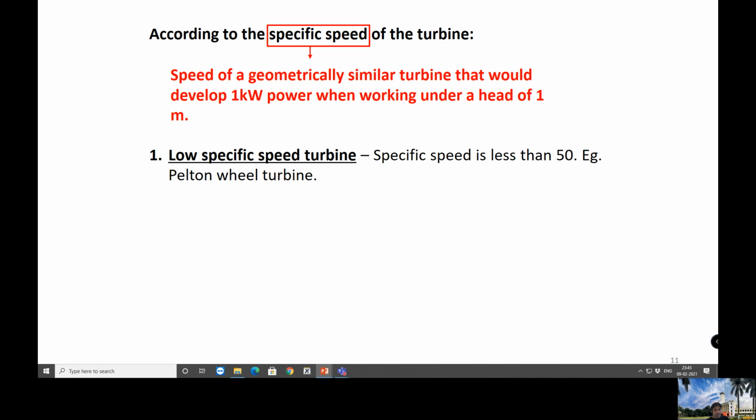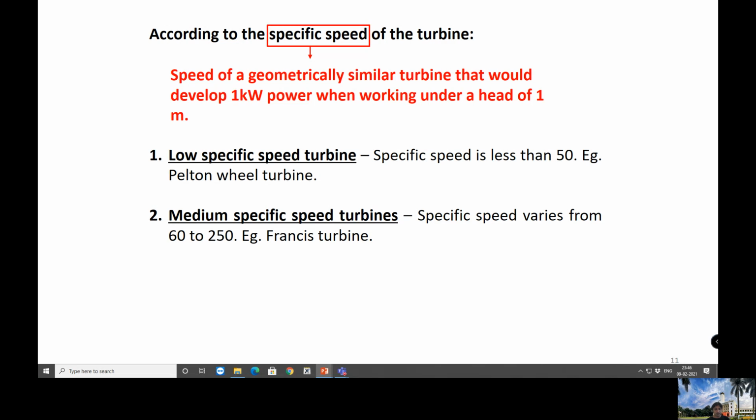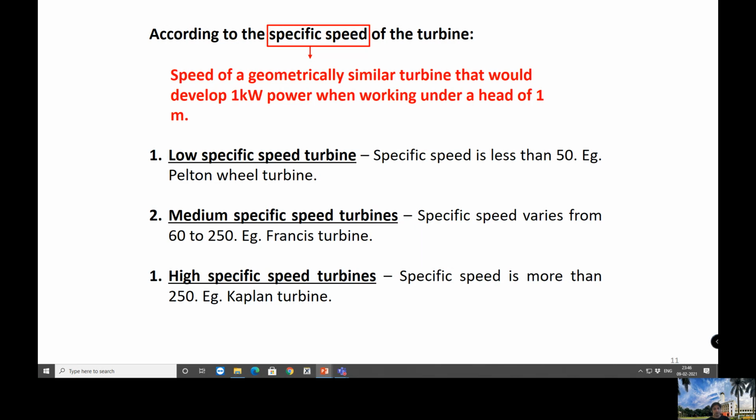Now, low specific speed turbine, here the specific speed is less than 50 rotations per minute. Then there are the medium specific speed turbine and the high specific speed turbine. Among these, the low specific speed turbine is the Pelton wheel turbine.